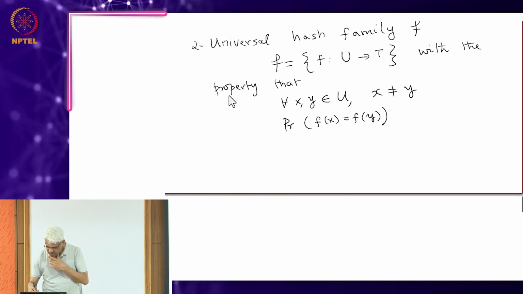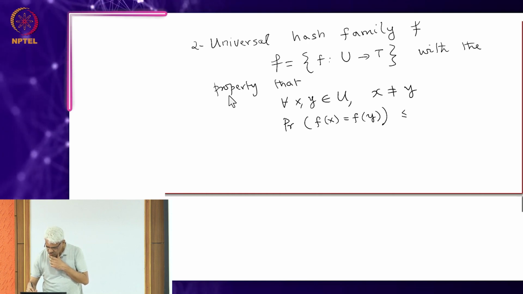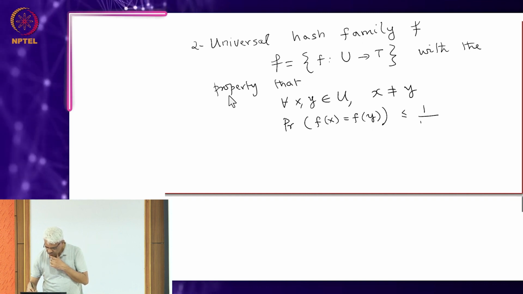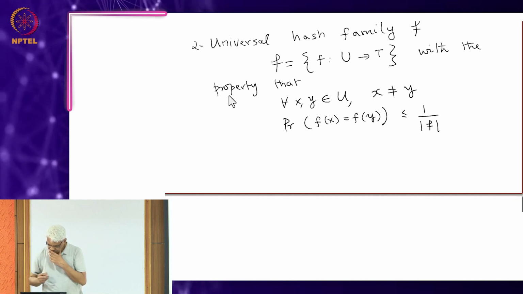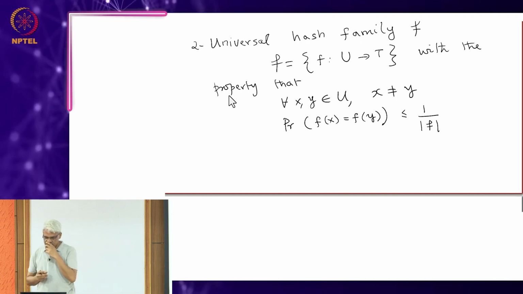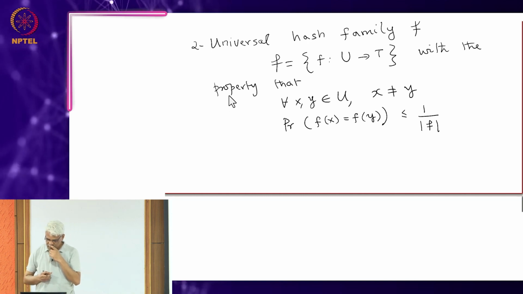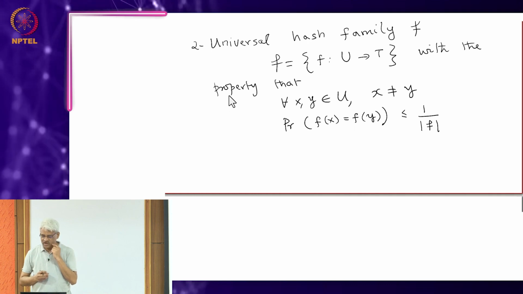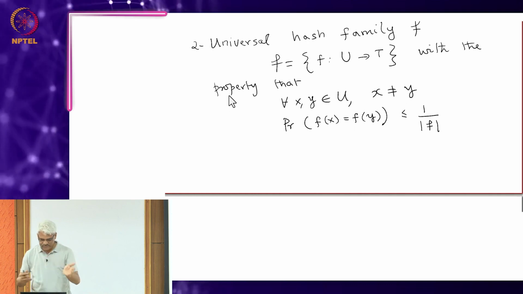I am going to say it is at most 1 over the cardinality of F. Is it 1 over cardinality of F? I think so. Yeah, we'll figure it out.